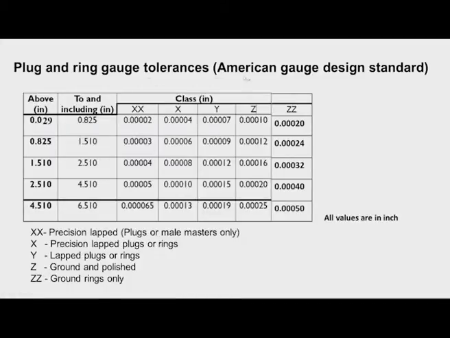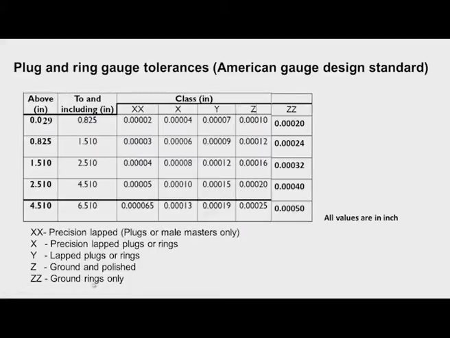Now this is the American gauge design standard. They specify different classes of tolerances. This is for plug and ring gauges only. The different classes of tolerances are XX class, X class, Y class, Z class, and ZZ class.